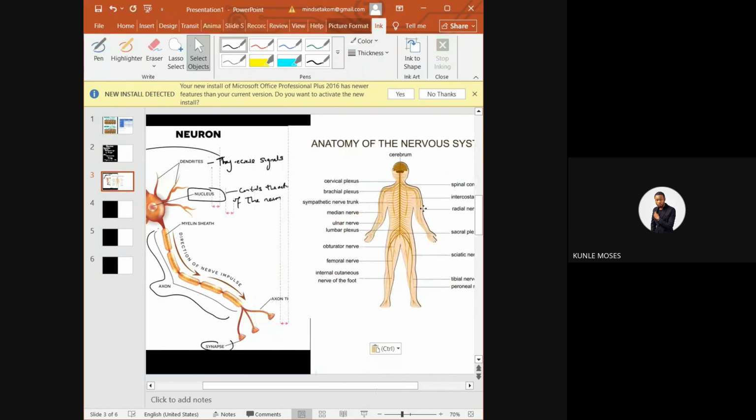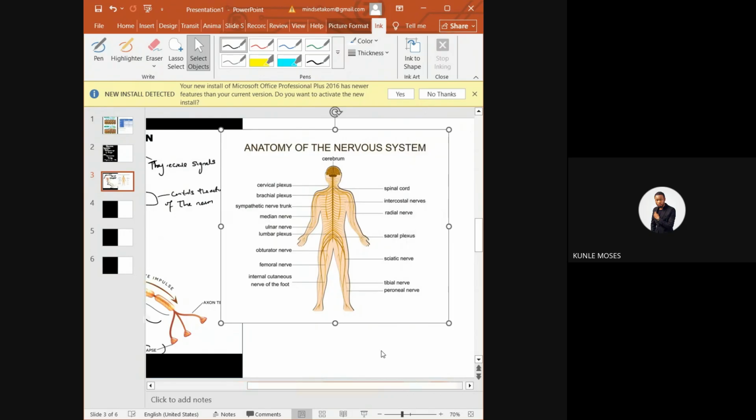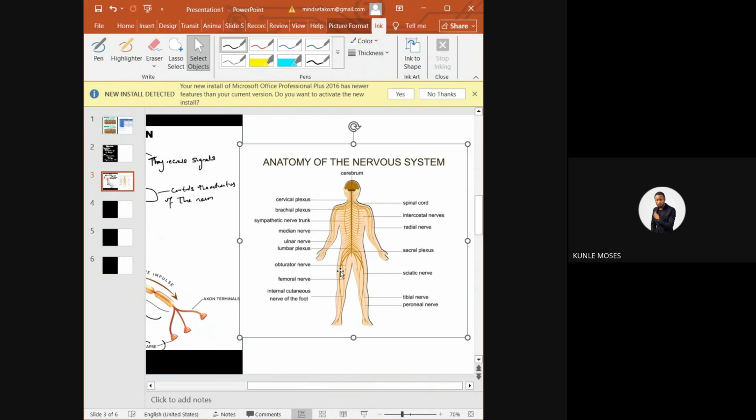So just check this. You can screenshot it. This is the anatomy of the nervous system. It is included in your exam syllabus, so you can do well to pay attention to it. There's no time, we cannot be checking all the plexus. This would be more explained for those that are going to anatomy, nursing, biochemistry, or medicine.